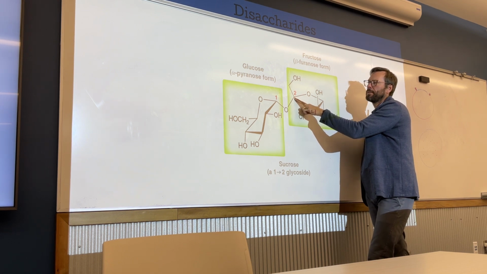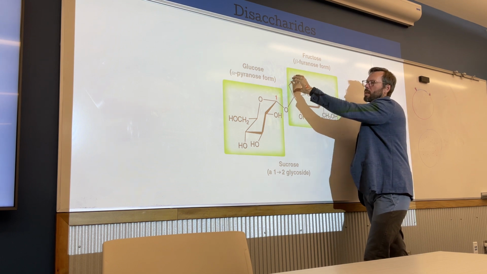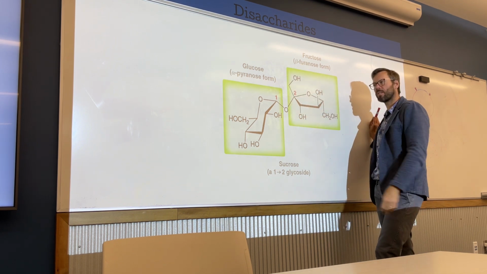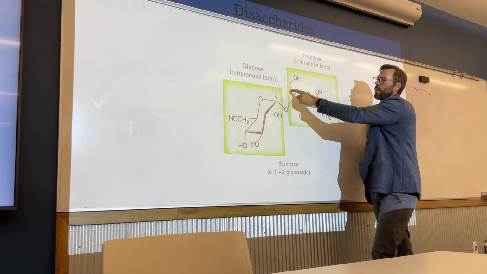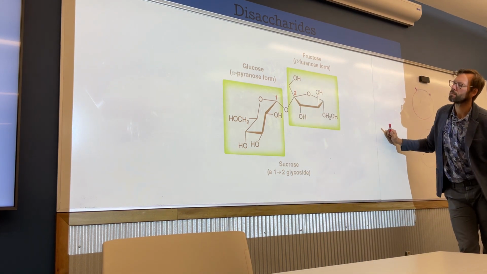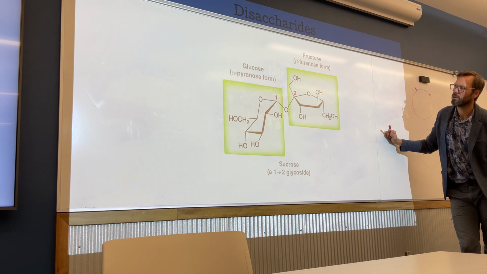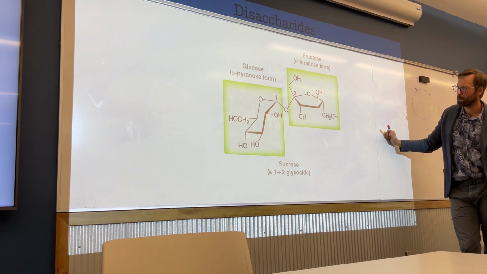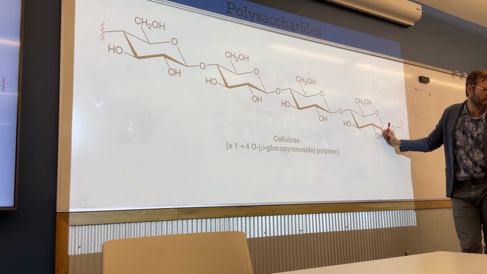I guess it could still be anomeric because this could be up or down. Maybe that's why, but it's not 1. They number it 2 because they start with that one. Usually though in rings you don't start counting outside the ring. So let me check in on that.